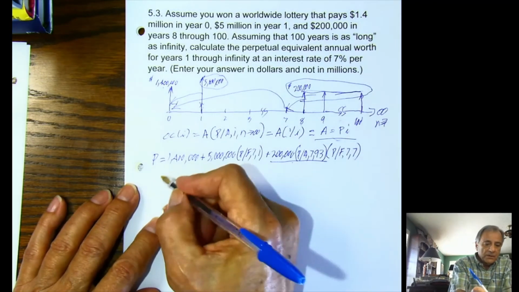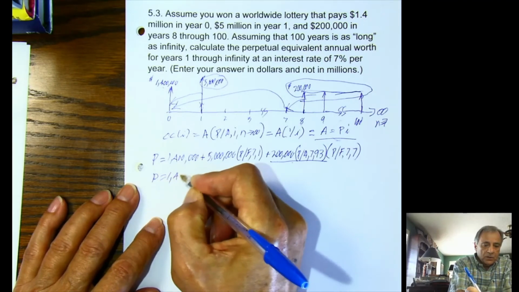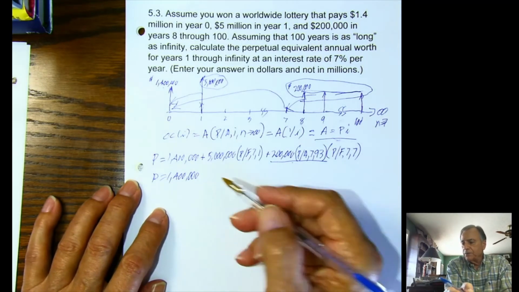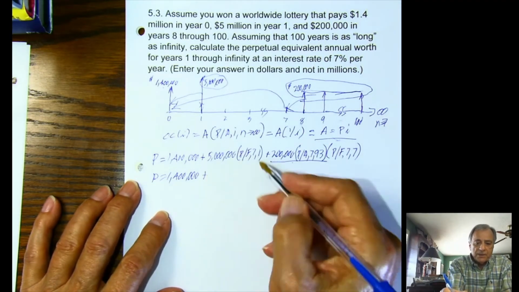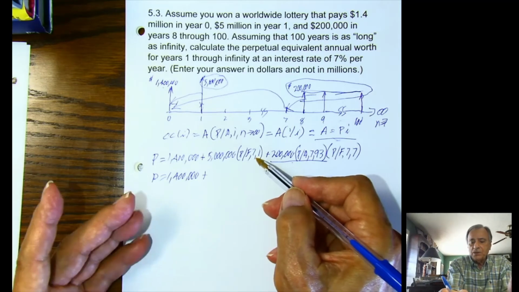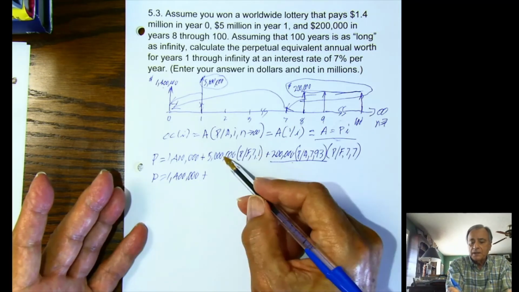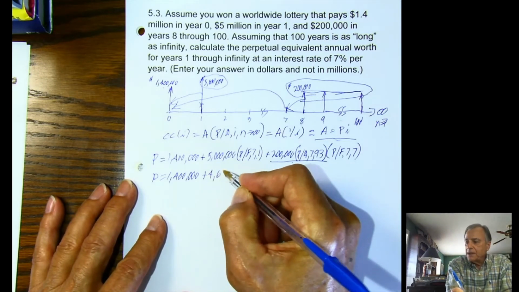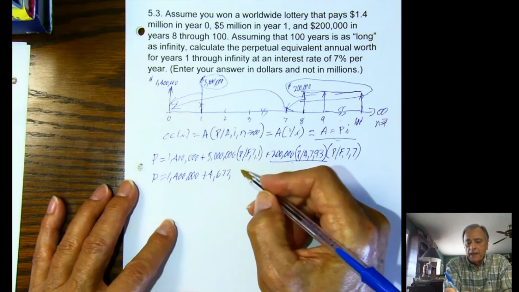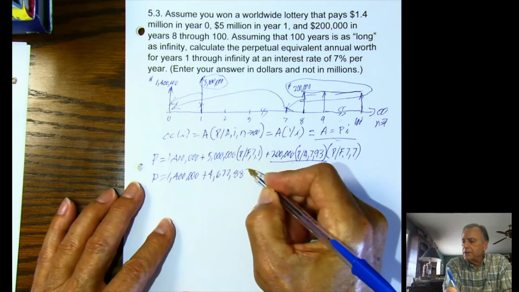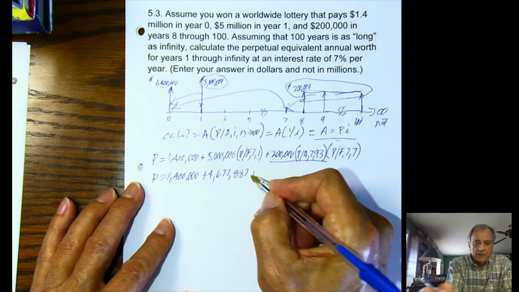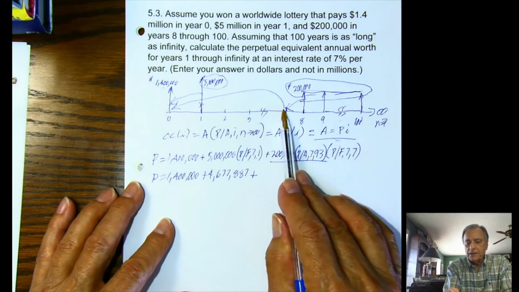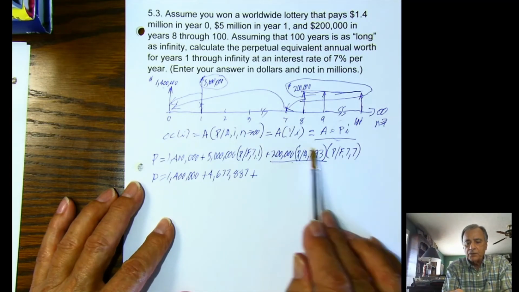If I go ahead and work on this, I get this 1.4 million, or 1,400,000. This number here is going to be 1.07 to the minus 1 times 5,000,000, which is 4,677,887. And then the first thing I'll do is calculate this quantity to get me the present value at time 7 of that whole series.